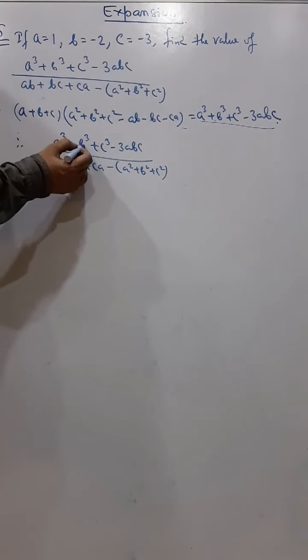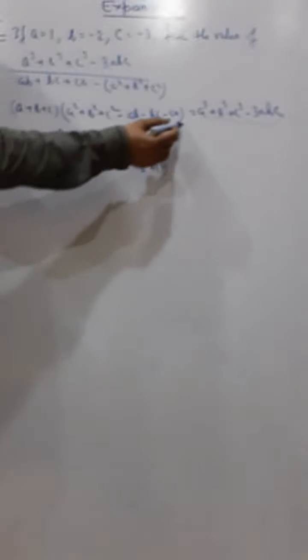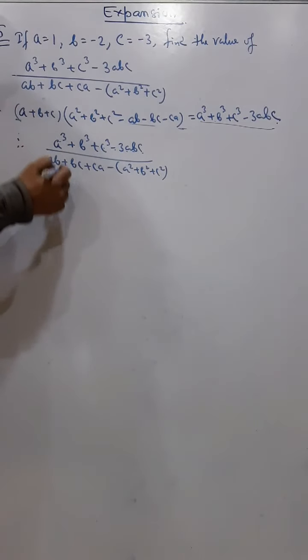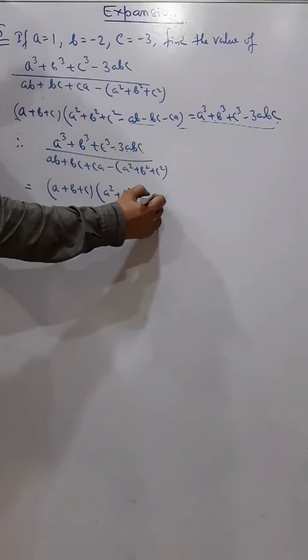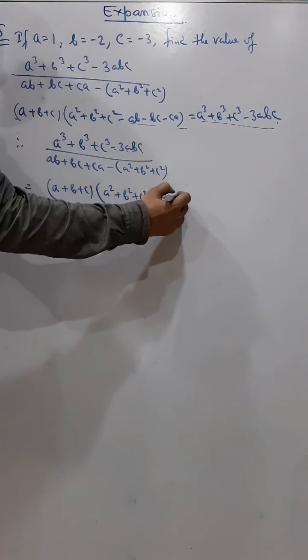Now a cube plus b cube plus c cube minus 3abc is equal to this. So we'll write this now. We'll write a plus b plus c, and then we have a square plus b square plus c square minus ab minus bc minus ca.